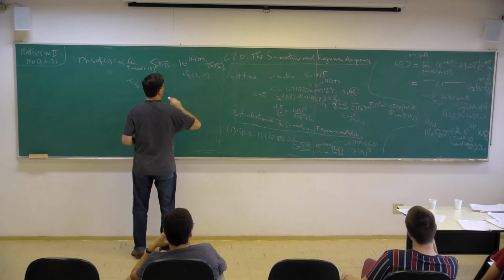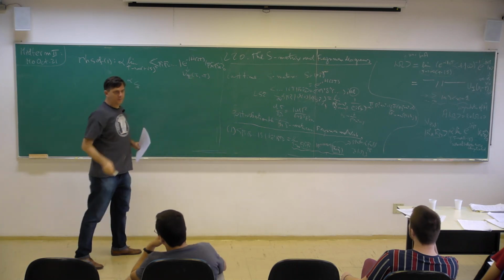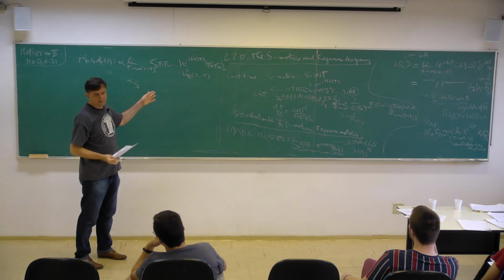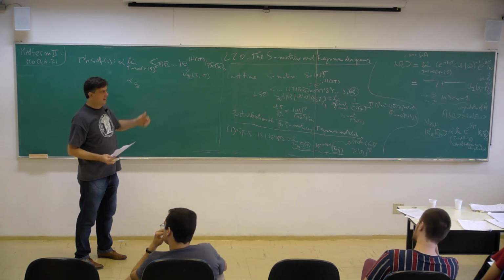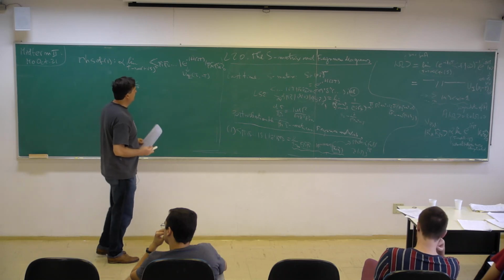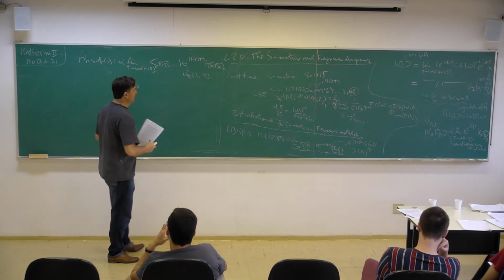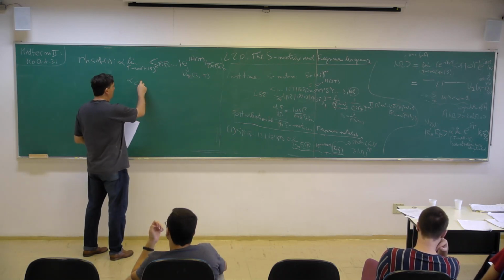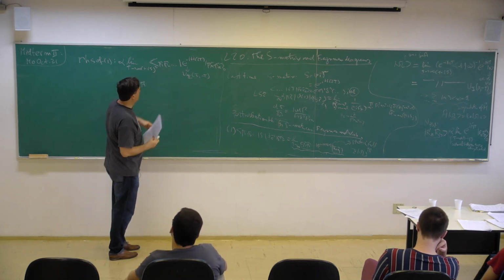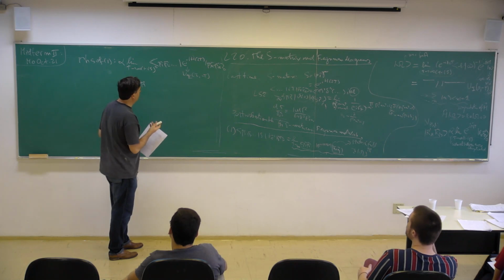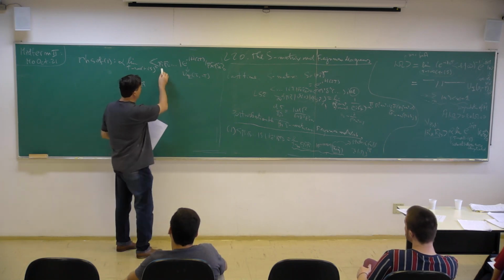And then, as before, you remember we've written a differential equation for the interaction picture evolution operator, which we then solved in terms of the interaction picture Hamiltonian. We have a kind of bizarre object at this point, right?